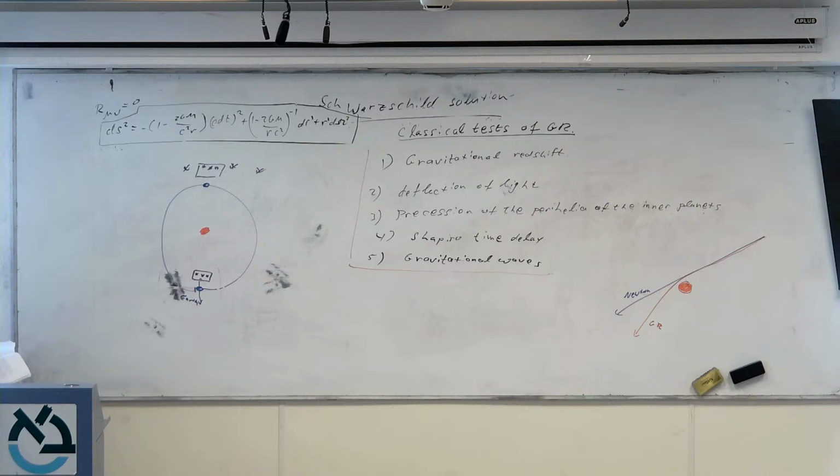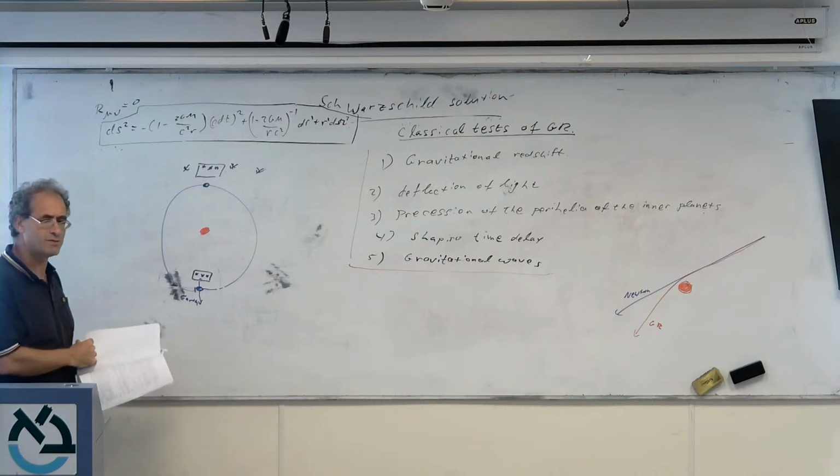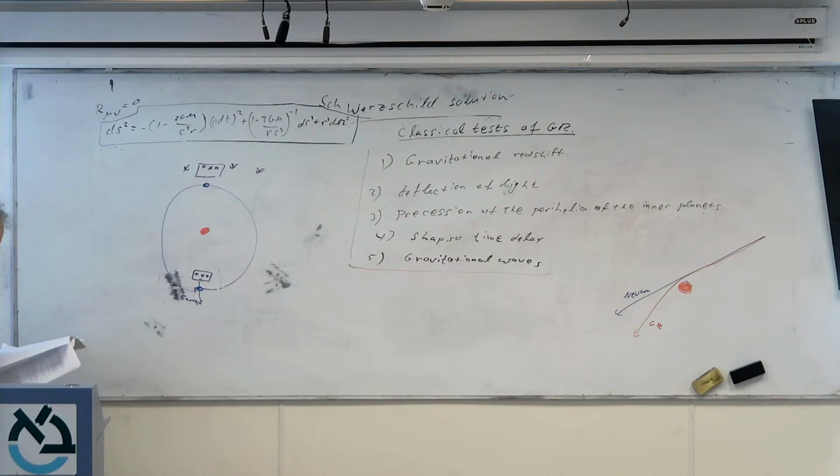So they had two locations, one in Africa, one in South America. And they nearly missed it because there were clouds, but eventually they managed to take a measurement, and then they could compare it.